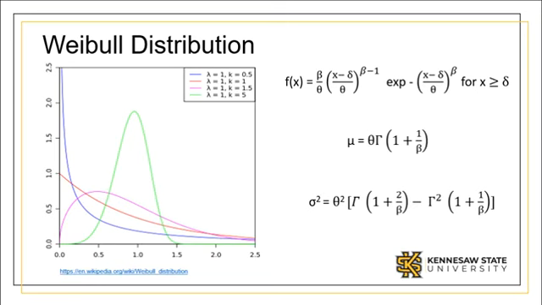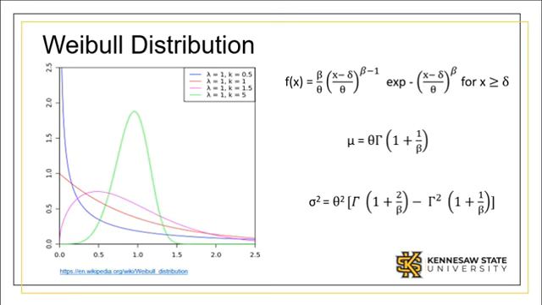The difference is the 3-parameter Weibull distribution has a location parameter when there is some non-zero time to first failure. The PDF for the 3-parameter Weibull is given here. Beta is the shape parameter, theta is the scale parameter, and delta is the location parameter.